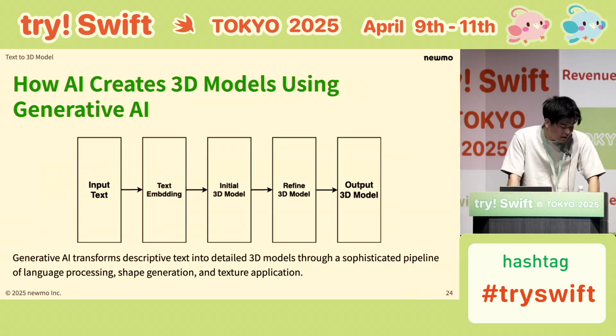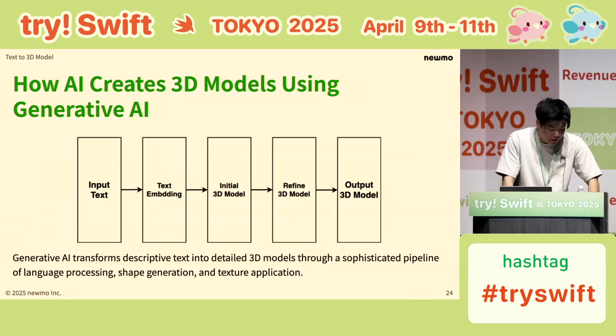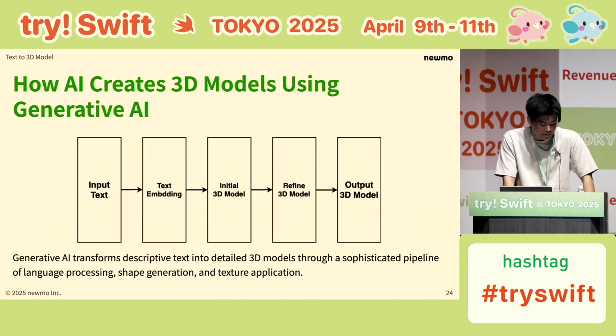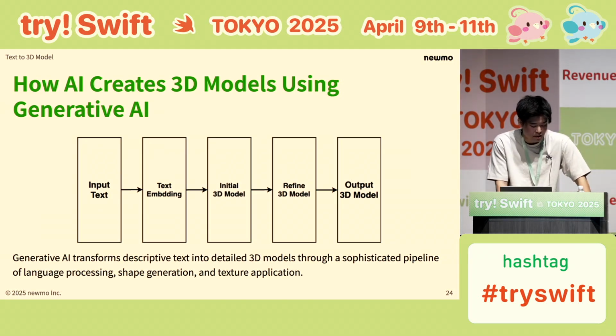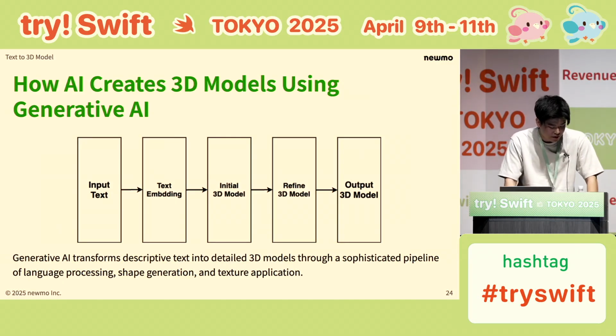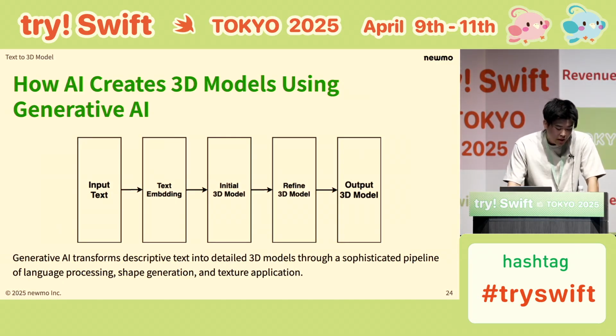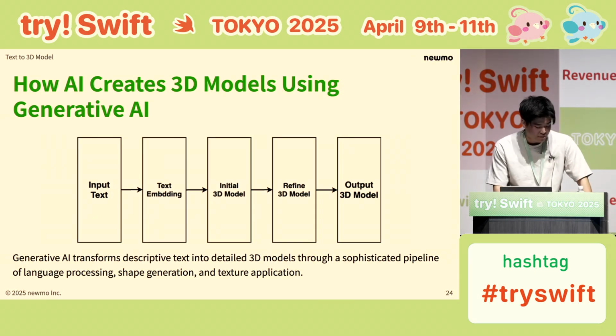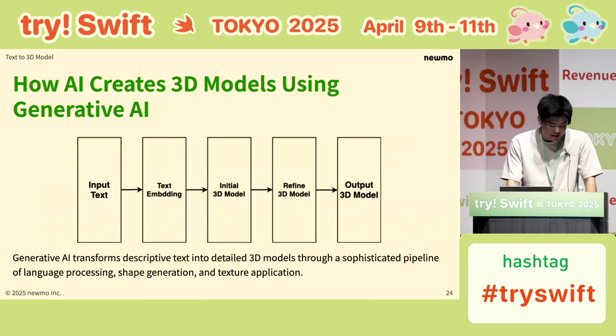So, how does a text to 3D model change your words into a 3D object? How it works inside is very complex, but we can think about the steps. As shown here, first, the input text is read by an AI to know what it means, often changing it into a special vector called an embedding. The embedding then tells the AI how to make the model, maybe starting with a simple shape.